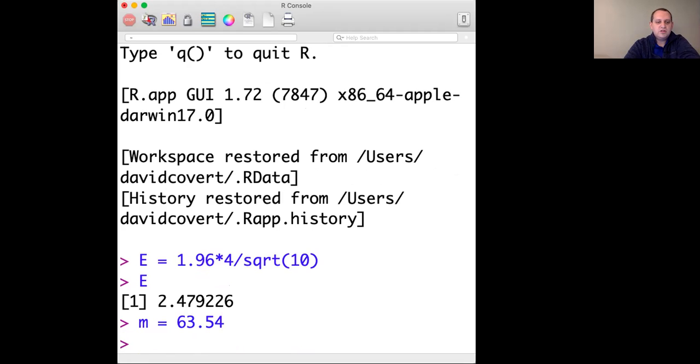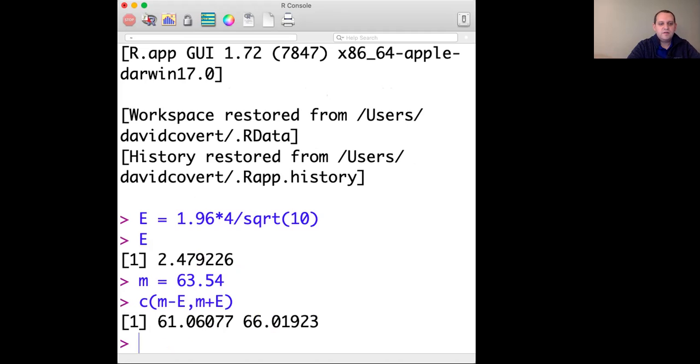So our confidence interval is going to be M minus E and M plus E, the mean plus or minus E. There are a few different ways we could write it. We could write the confidence interval as the interval from 61.0608, I'm just going to go to 4 decimal places, to 66.0192.